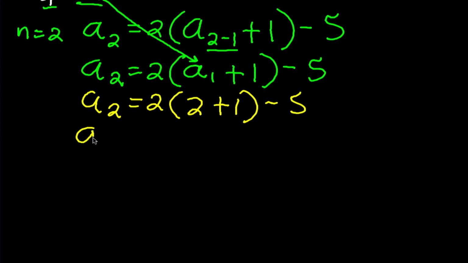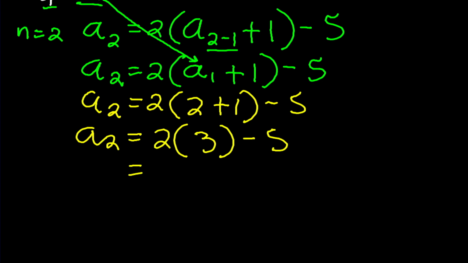So my second term, a sub 2, is equal to 2 times, remember, order of operations, I have to do what's in parentheses first. 2 plus 1 is going to give me 3. Subtract 5. That's equal to 2 times 3, which is 6, minus 5. That's equal to 1. So my second term of the sequence, a sub 2, is equal to 1.